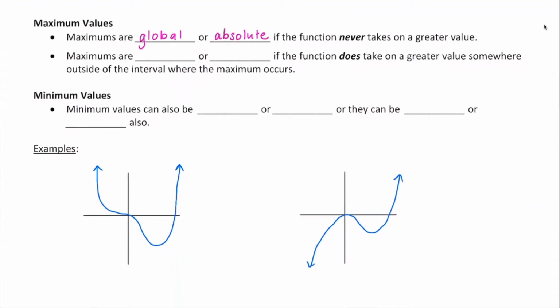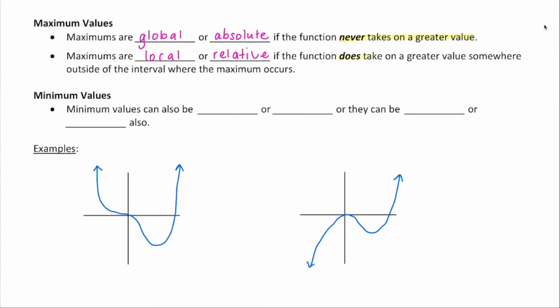So what these 2 words mean is that the function never takes on a greater value. So this is what we would think of as a traditional absolute maximum. Now we can have what we call a local or a relative maximum. And that just means like on a specific interval, that would be the greatest value.